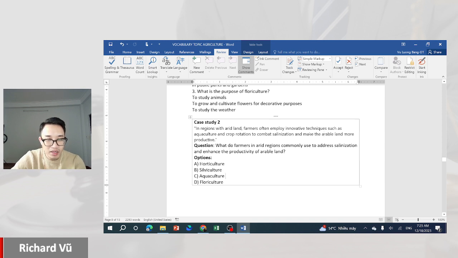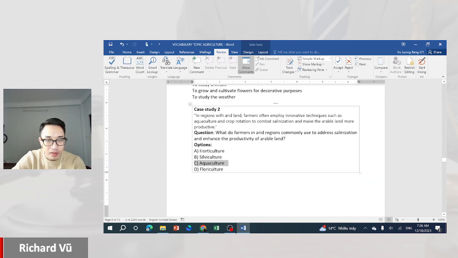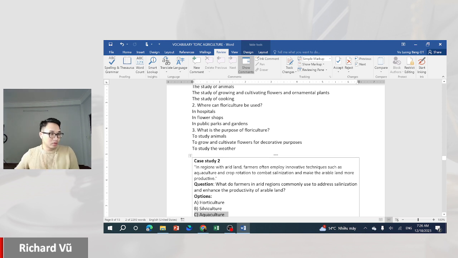The correct answer is aquaculture because aquaculture is an innovative technique that helps farmers in arid regions. So that's all for group 2.